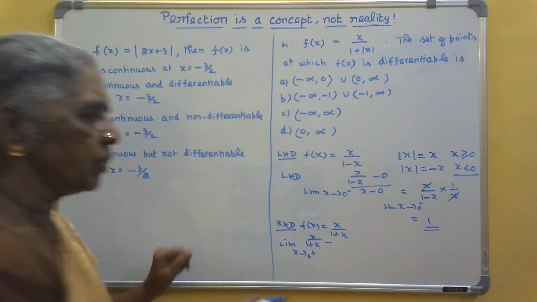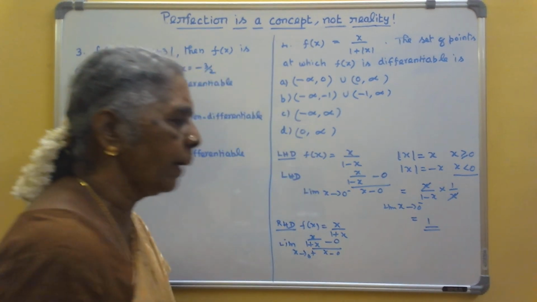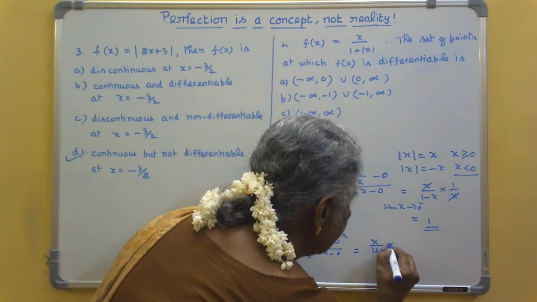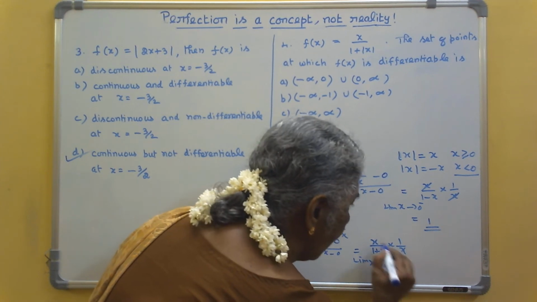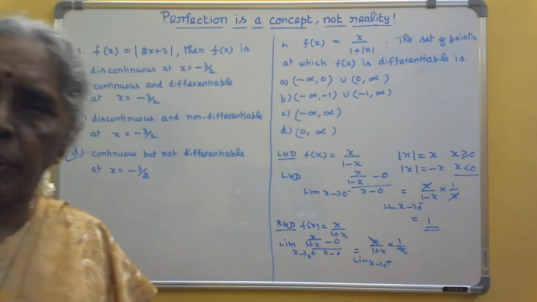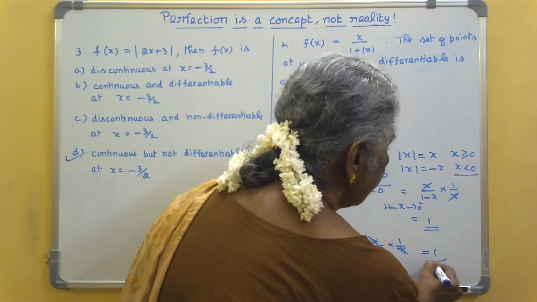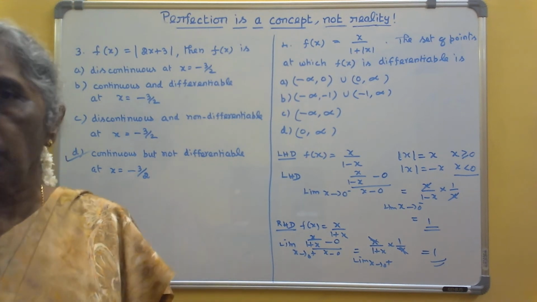Substitute x = 0, so you will get 0 over x - a, x - 0. So you will get x/(1 + x) into 1/x, limit x tending to 0 plus. This will go. Substitute x = 0. You get 1/1. So this is also 1. So the left hand derivative and the right hand derivative are equal to 1.